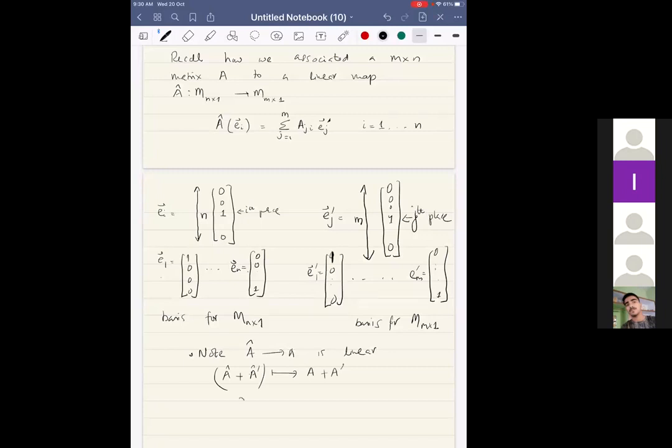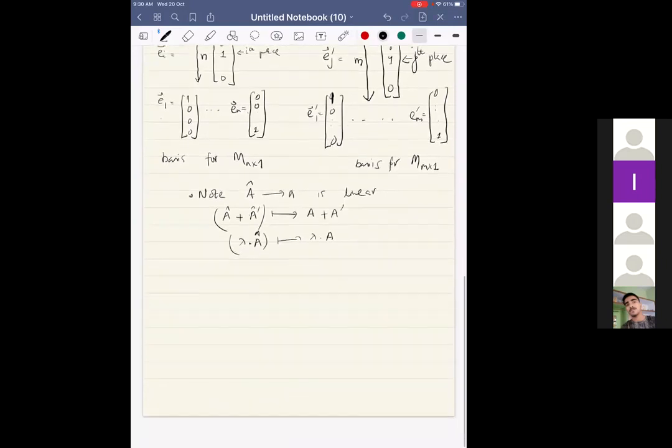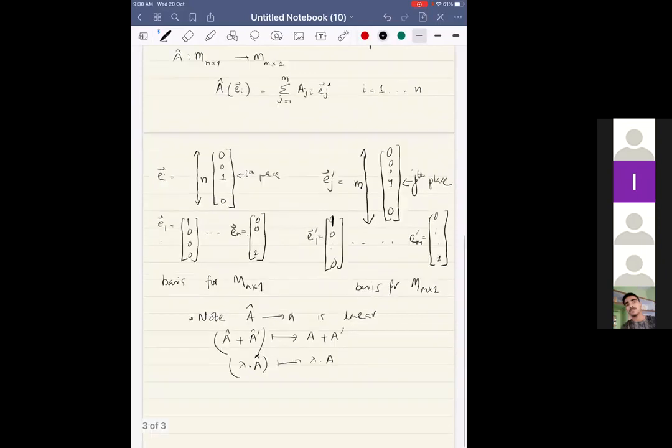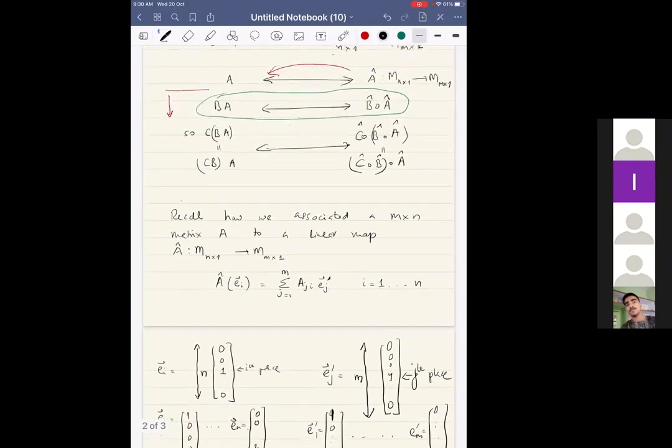And if I take a scalar lambda and multiply the linear map by lambda, that will go to lambda times the matrix corresponding to A hat. So this map that associates a matrix to a linear map is actually a linear map between the vector space of matrices of size m cross n and the vector space consisting of linear maps from this vector space to this vector space.